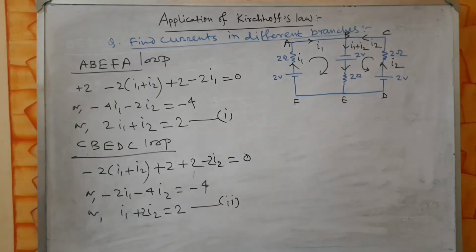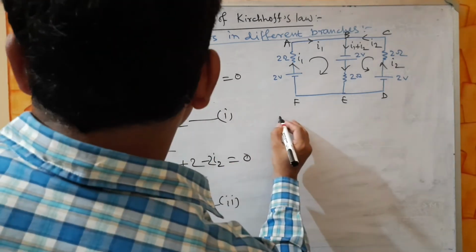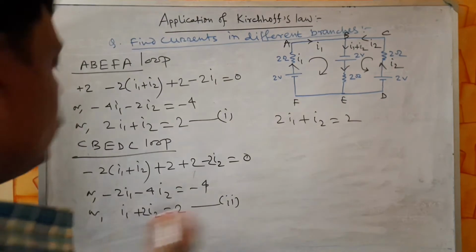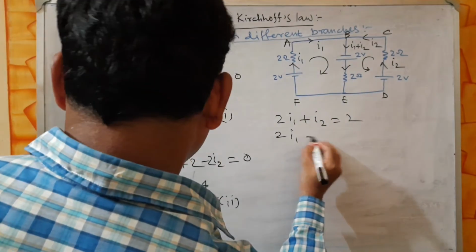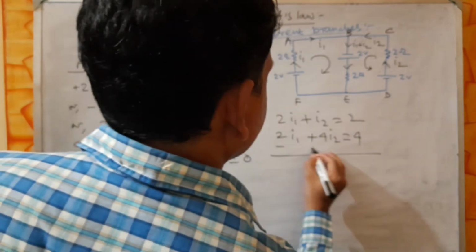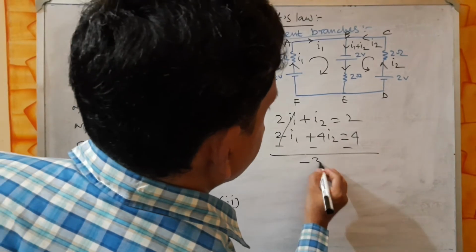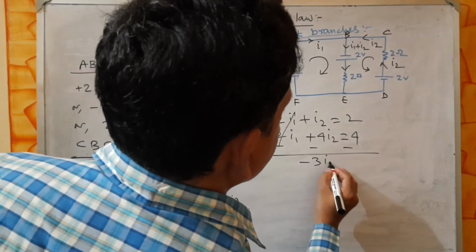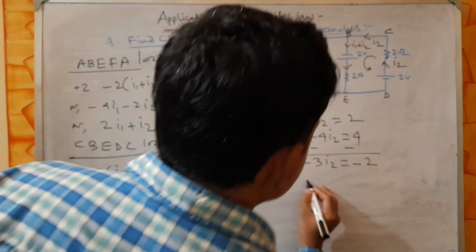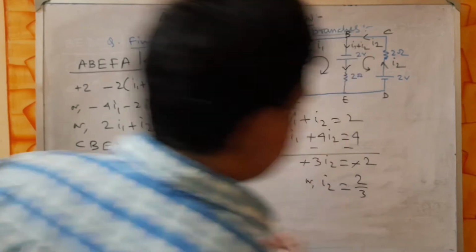Solving equations 1 and 2: 2 I1 plus I2 is equal to 2, and 2 I1 plus 4 I2 is equal to 4. Subtracting, minus 3 I2 is equal to minus 2, or I2 is equal to 2/3.